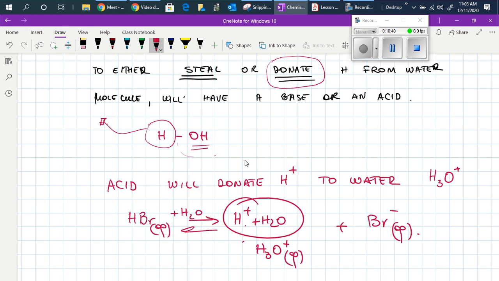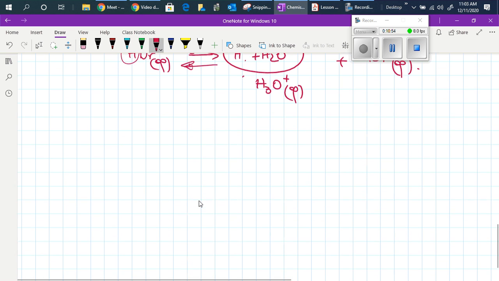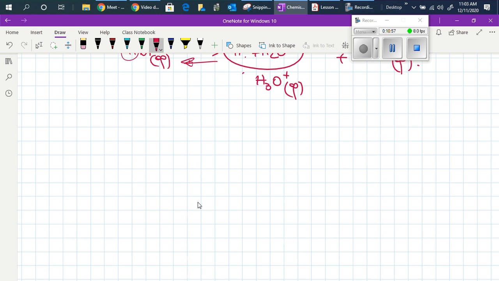And this is a reverse kind of equation. So this hydrogen is donated by the acid to the water molecule to form hydronium. But bases steal the hydrogen. So see what is happening with bases. They steal the hydrogen to form the hydroxide.